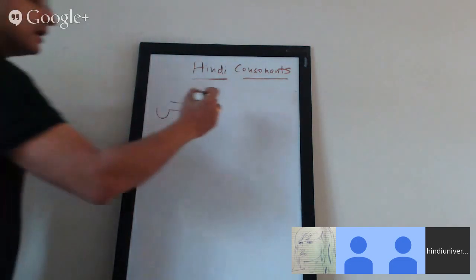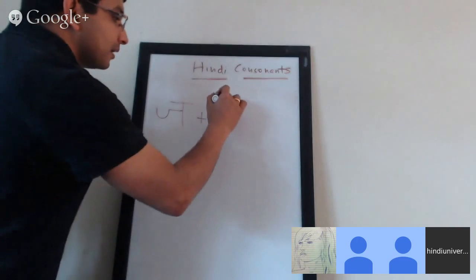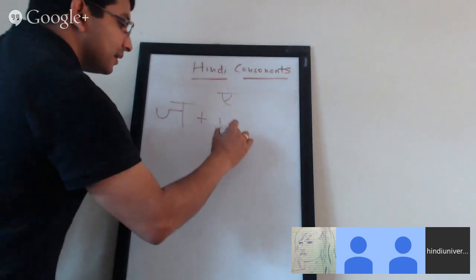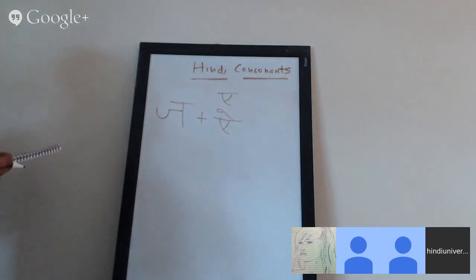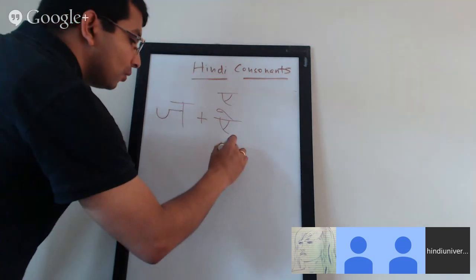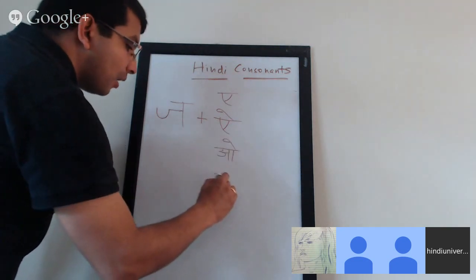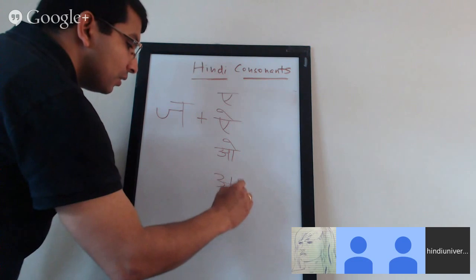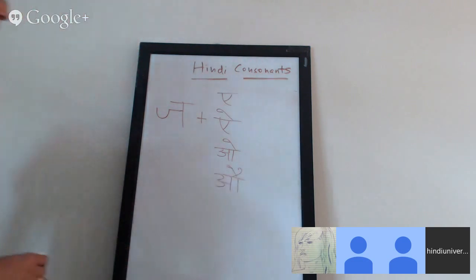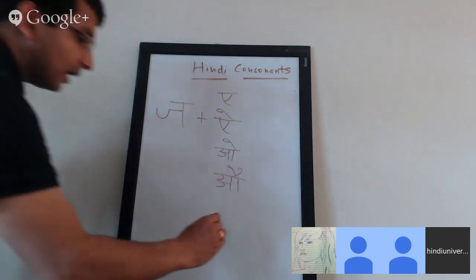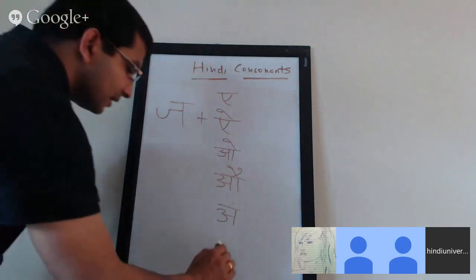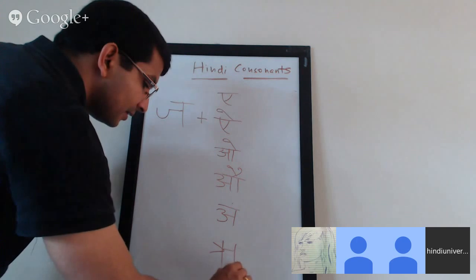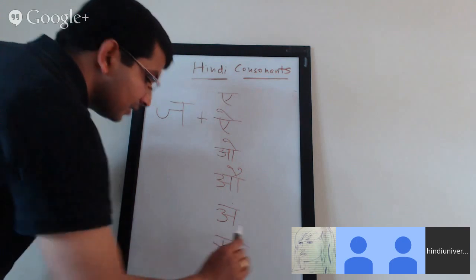Now we'll do A, the smaller A with I, the bigger A, O, ow, and then un, which is the half-n nasalized sound, and re, right?